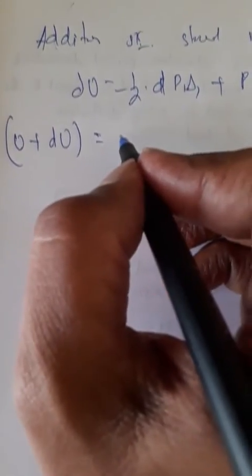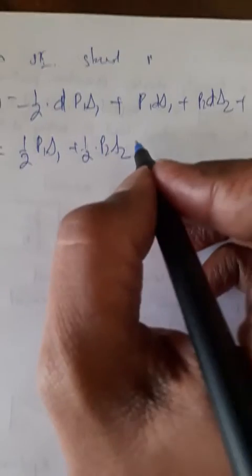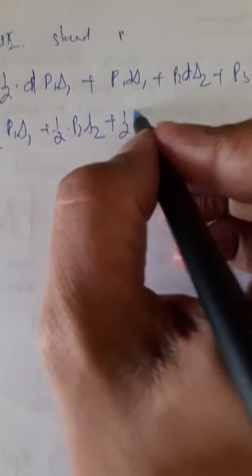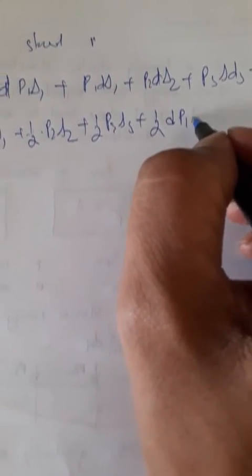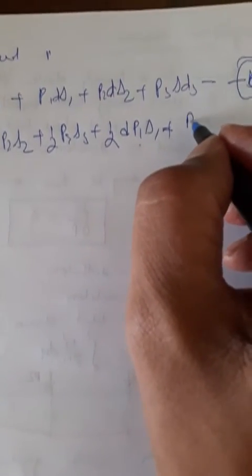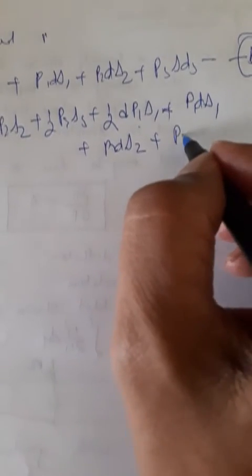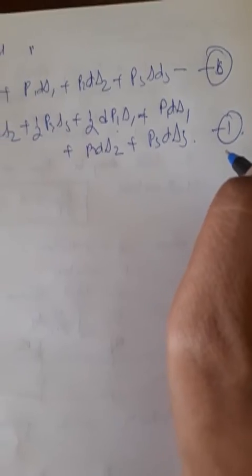So I will write all the terms together: half P1 delta 1 plus half P2 delta 2, this is equation A, plus half P3 delta 3 plus half d of P1 delta 1, this is from equation B, plus P1 d of delta 1 plus P2 d of delta 2 plus P3 d of delta 3. Let this be equation 1.